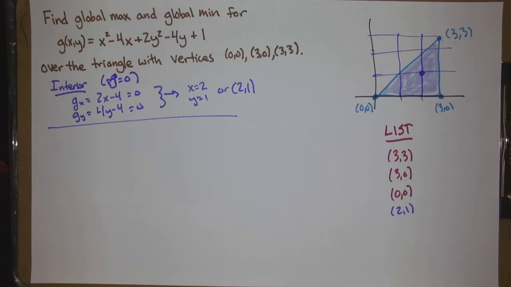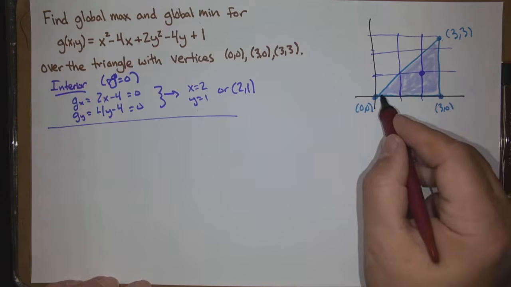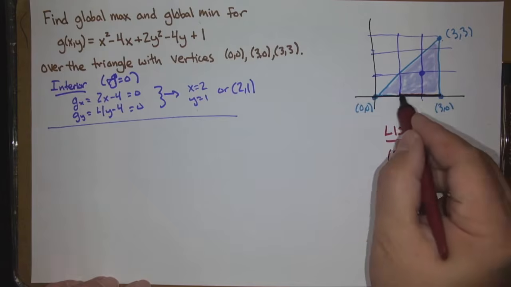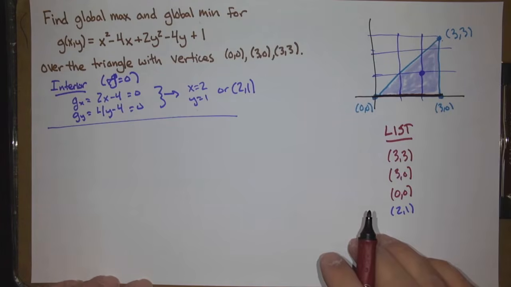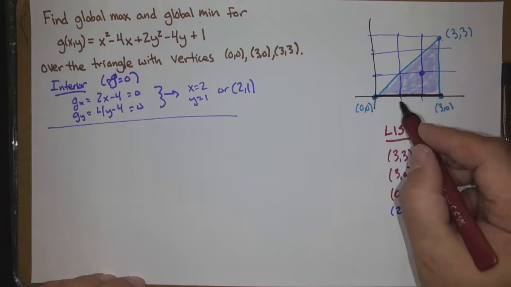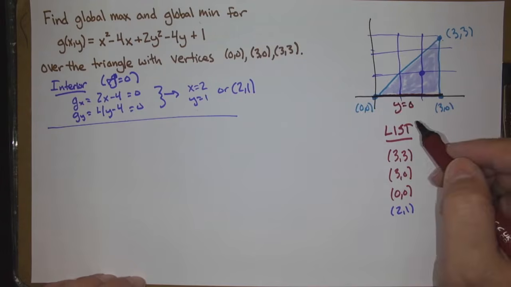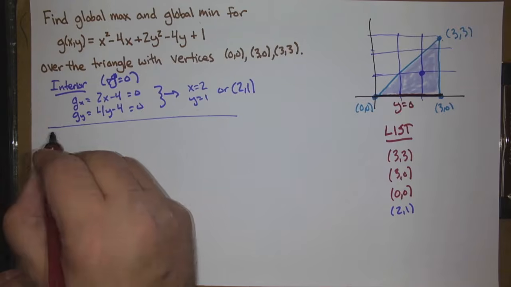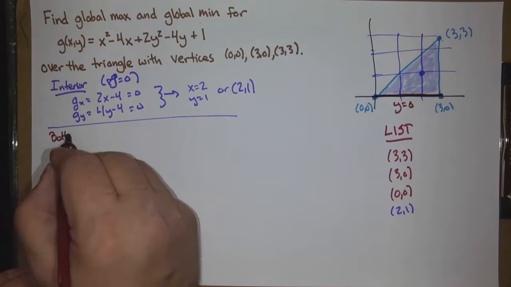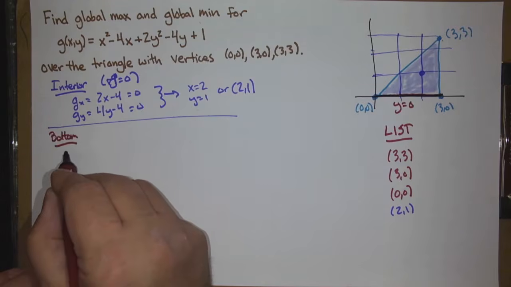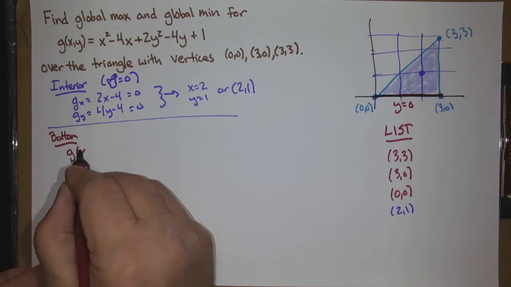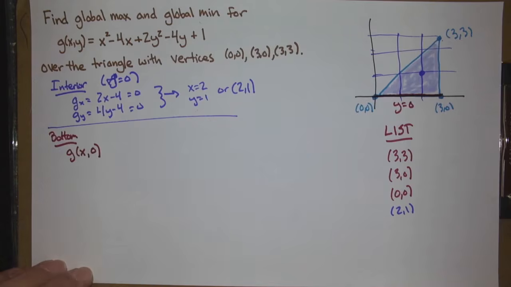So which one do you want to do first? Bottom. Do the bottom. Okay, so the bottom curve. Think about how you can describe the bottom curve. Think of it as a curve. What is it? Yeah, this is like y equals 0. So on the bottom, we can make our function look like g of x comma 0.